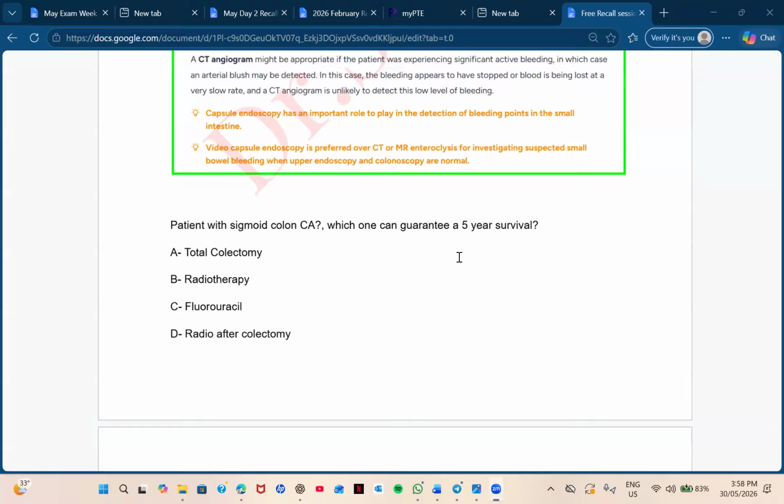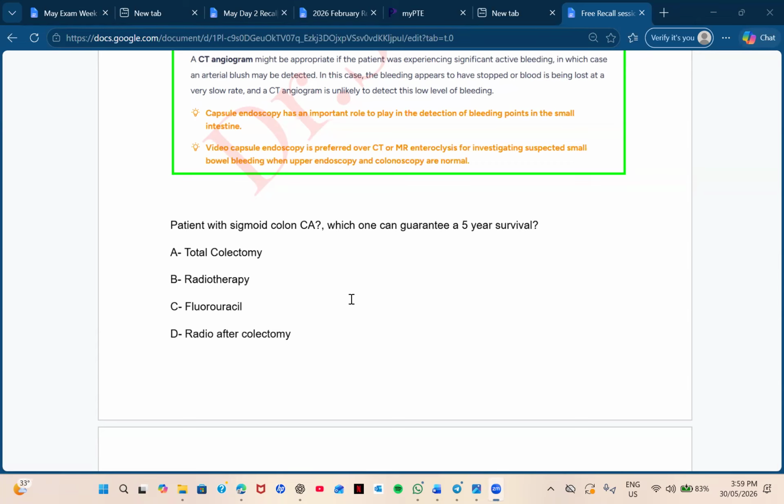Now tell me, if there is a colon cancer, what is the best treatment? What are the treatment options? Tell me, doctors. If we can resect the tumor, if we can remove the tumor, can we do it? Yes, we are doing the colectomy, right? That is the best thing we can do, right?